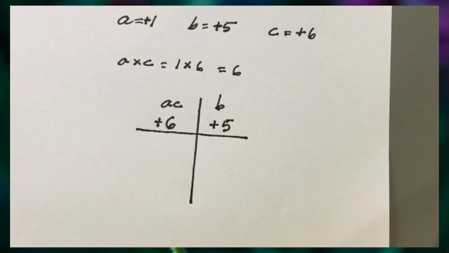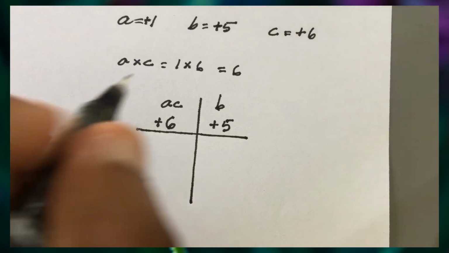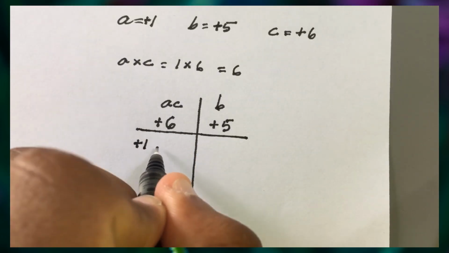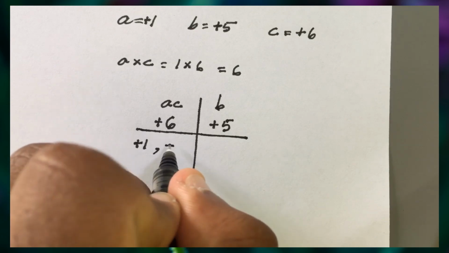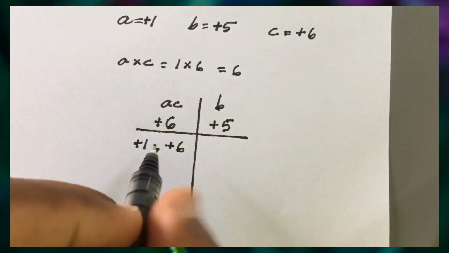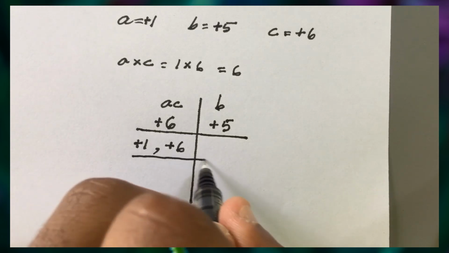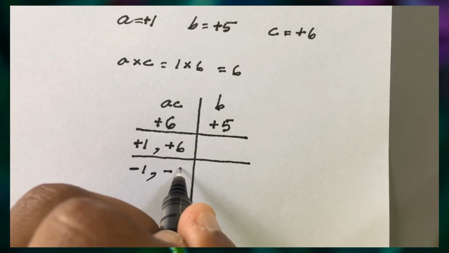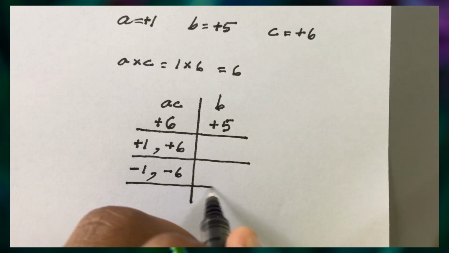I would recommend always starting off with 1. So the factors of a positive 6 are a positive 1 and a positive 6. What I would do too is to copy this down and get negative 1 and negative 6. Good.